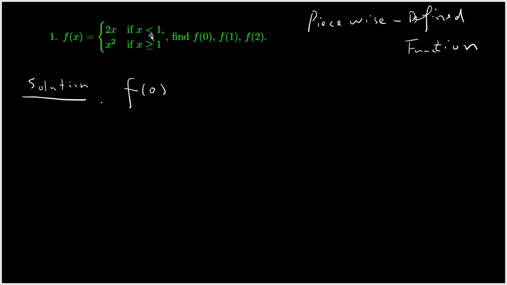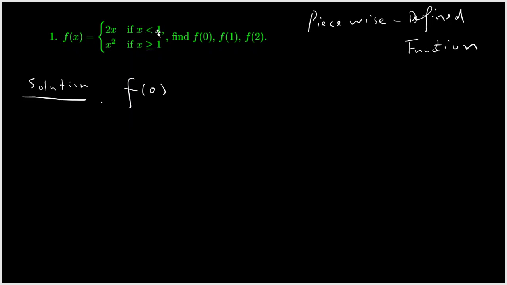By that we mean for x value, it has 2 cases. The input is 0. We are trying to get the output for the input of 0. After you see the input 0, you check: is the input on this piece, or on the other piece?